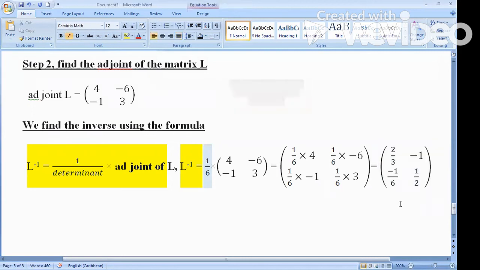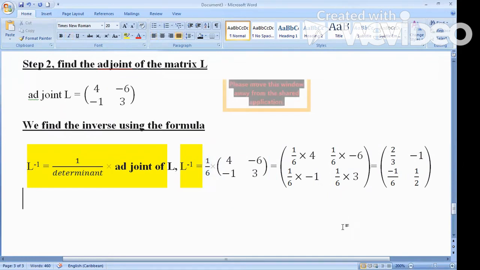Sir, the 1 over 6 times the negative 1, you couldn't say negative 1 into 6? Let me tell you what I did. Just work out the sign first.